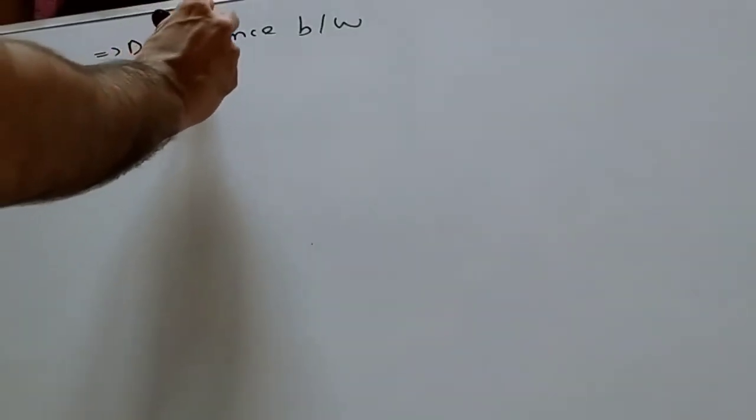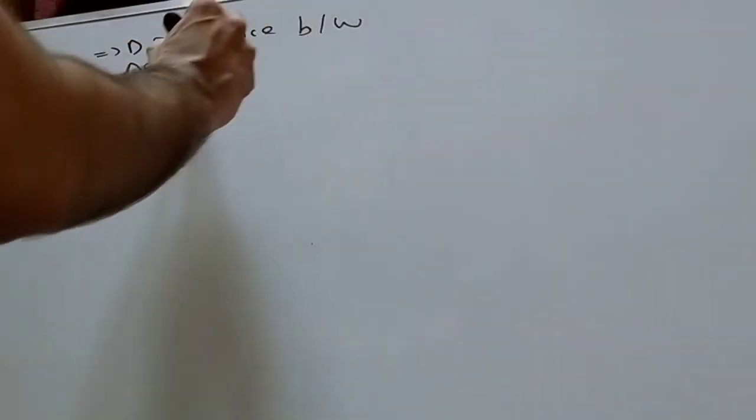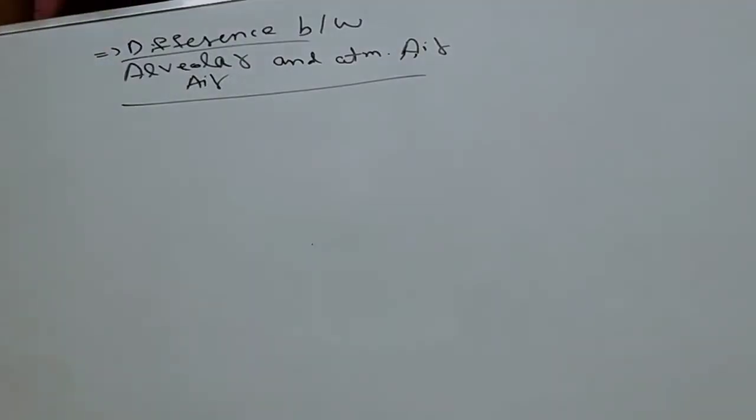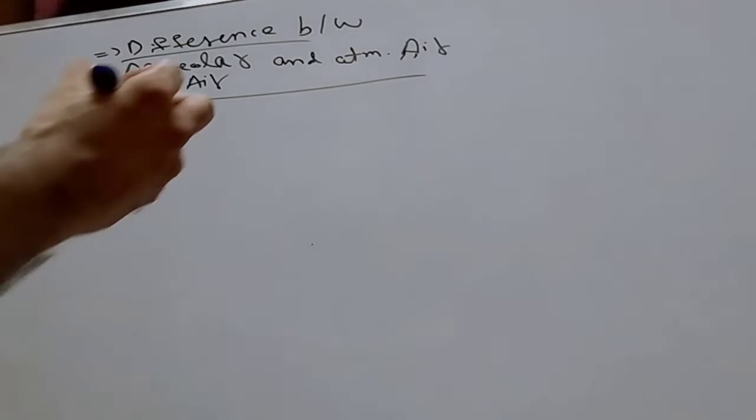Today I will tell you about the diffusion across the respiratory membrane, part 2. Talking about the difference between the alveolar air and atmospheric air, we know that air comes from the atmosphere through the trachea into the alveoli.